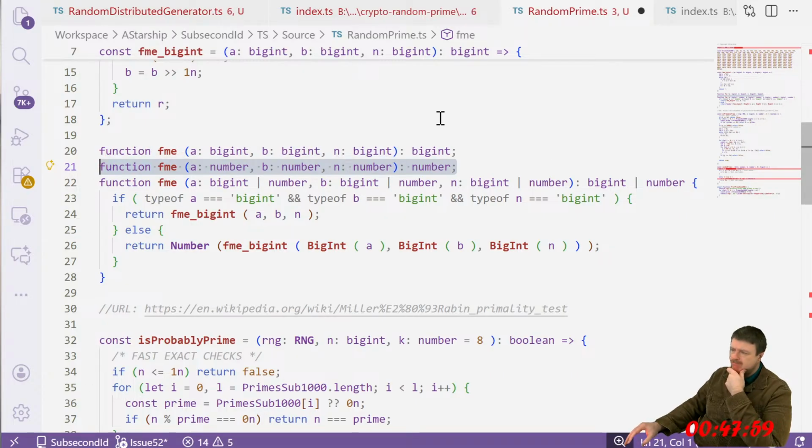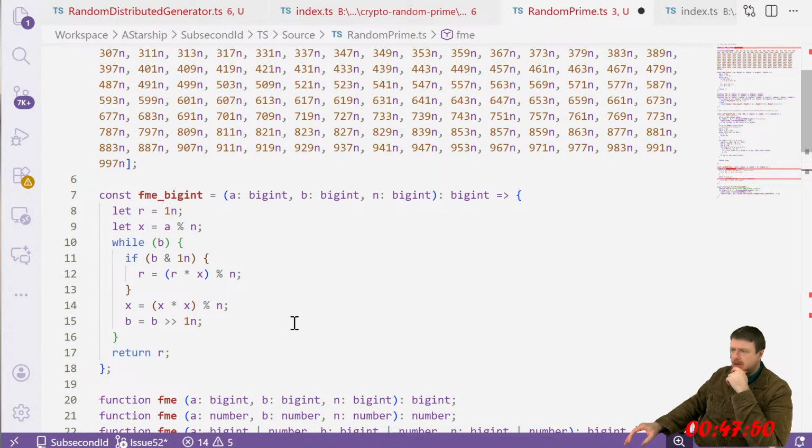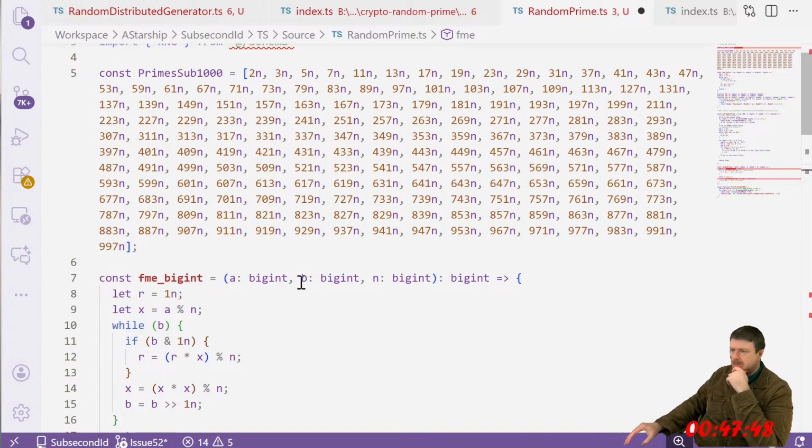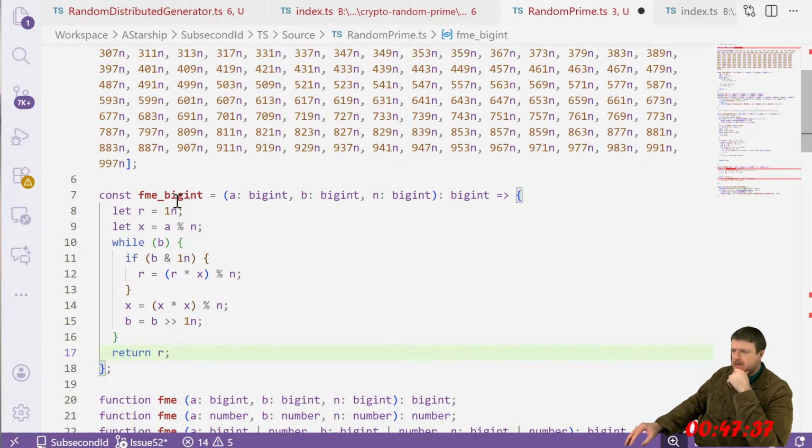Oh, he's converting them to a big int and then doing this. I just don't really want to do this at all.